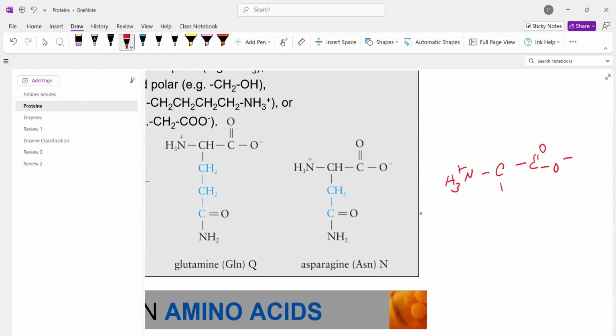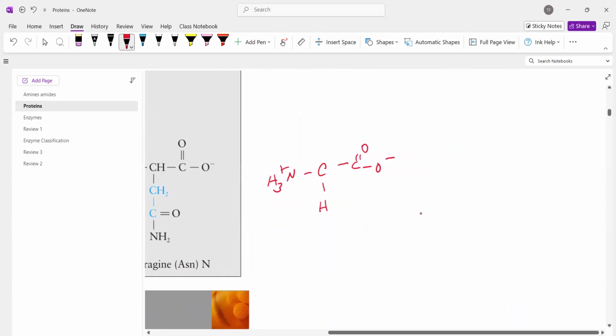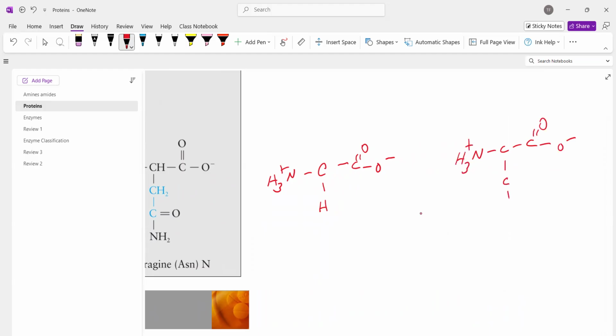And then here we look at glycine. I'm going to compare that to cysteine. So we have glycine, the simplest, and cysteine, which is one of the really important ones in enzymes.